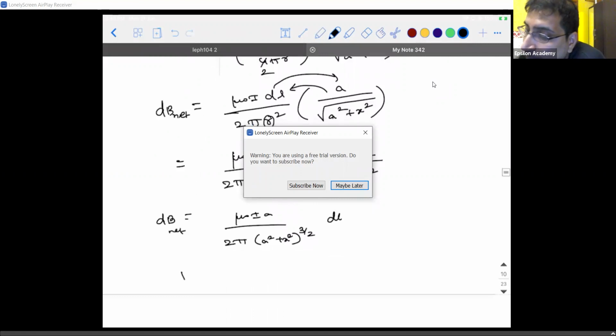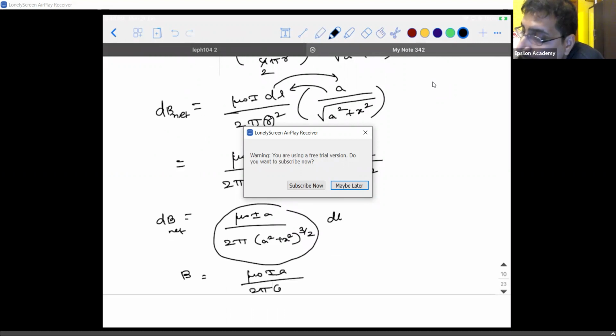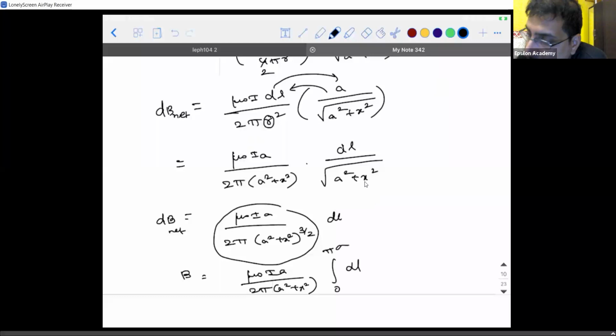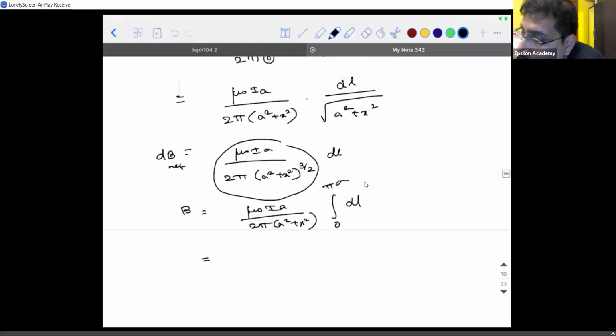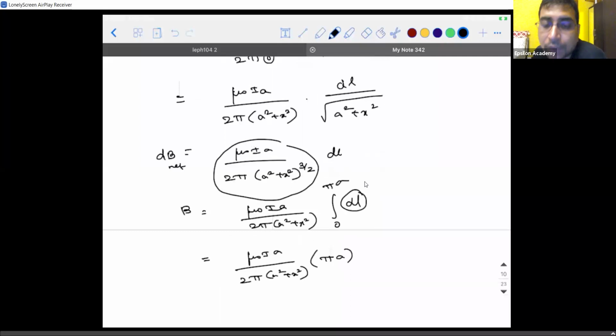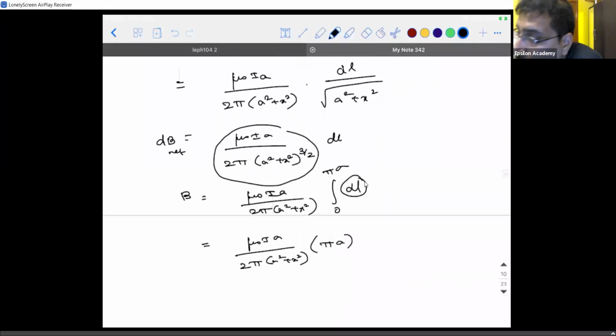So what will be the net magnetic field, guys? This whole thing is a constant. Mu naught I a divided by 2 pi into a square plus x square into integral of dl from 0 to pi a. Okay. So mu naught I a divided by 2 pi into a square plus x square the whole power into integral of dl, which is L. So when you apply the limits, it is going to be pi into a.